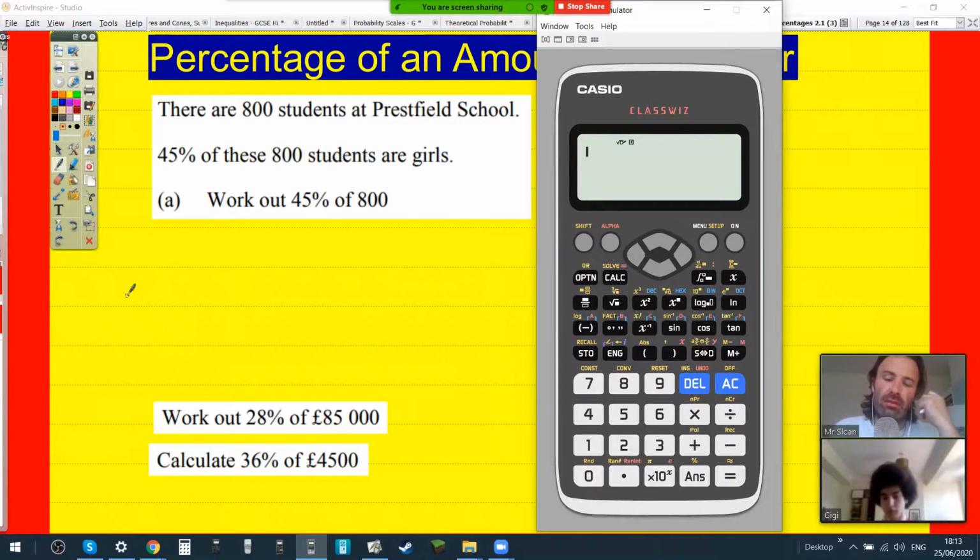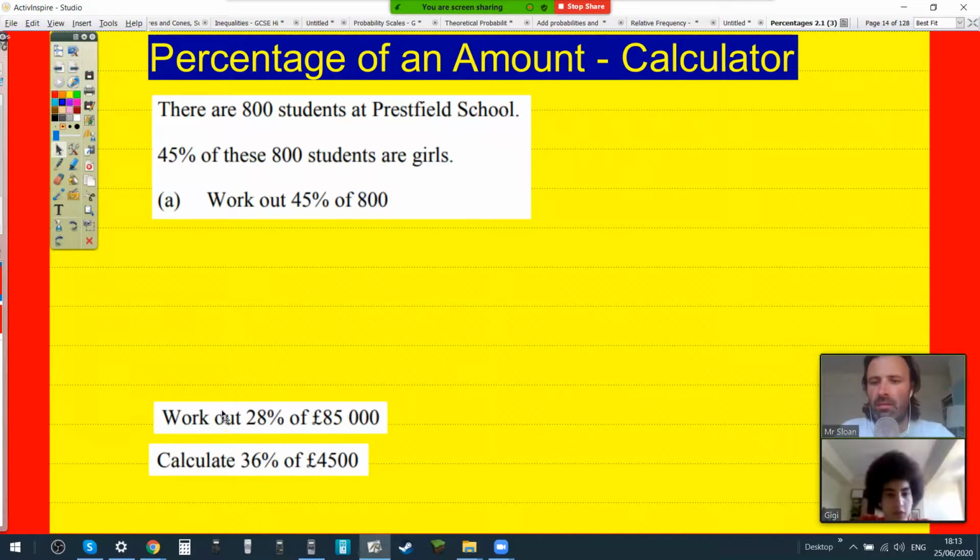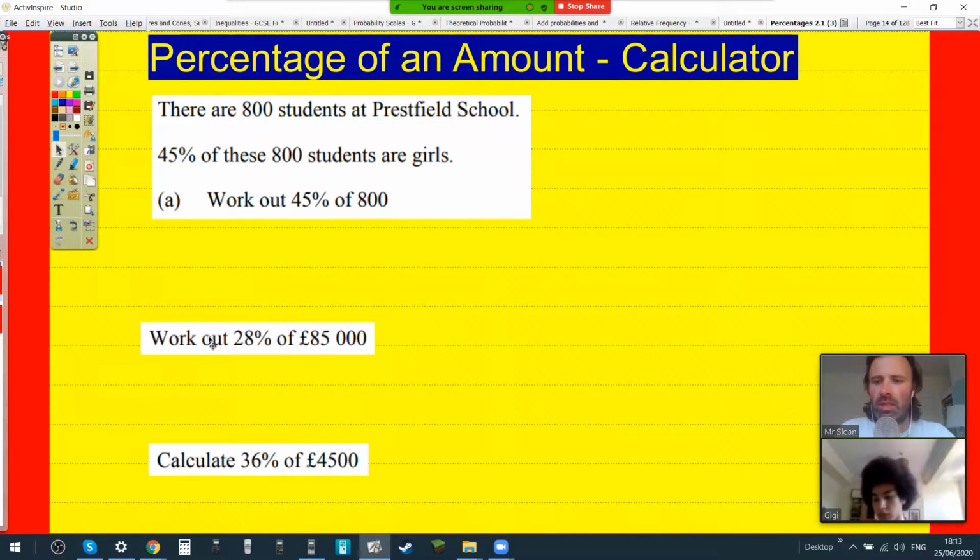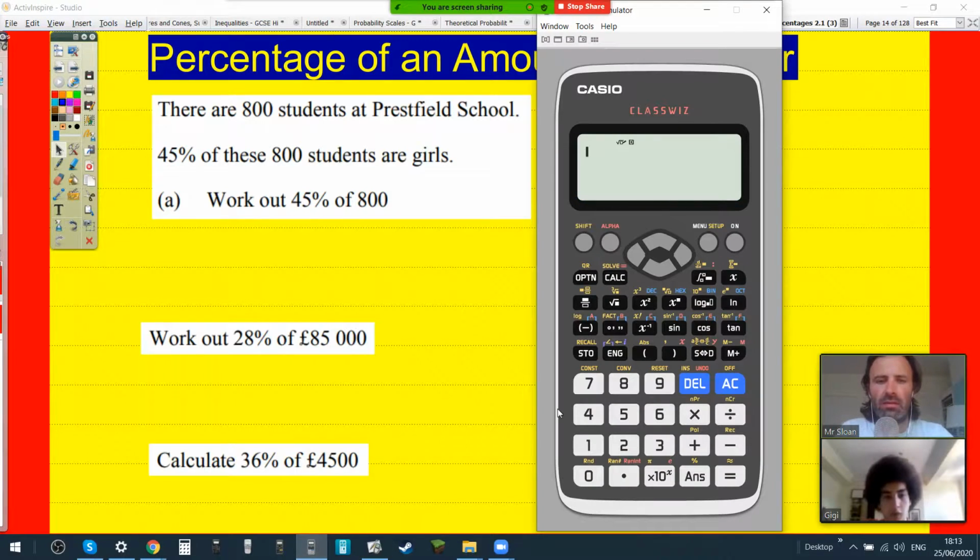How about this one? 28% of 85. Any idea how you do that one with your phone? Or I would find 1%. Much easier way. Or what is 10%? No, that's a non-calculator method. Calculator: what is 28% as a decimal? 0.28.